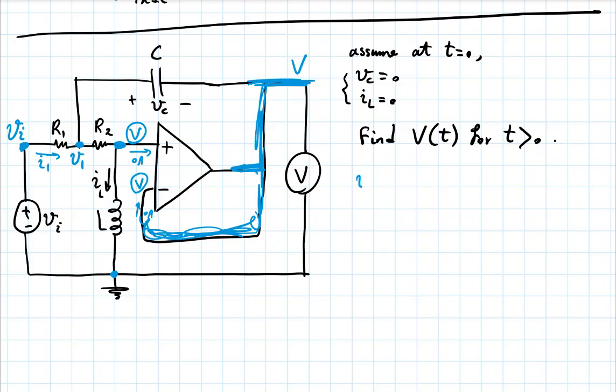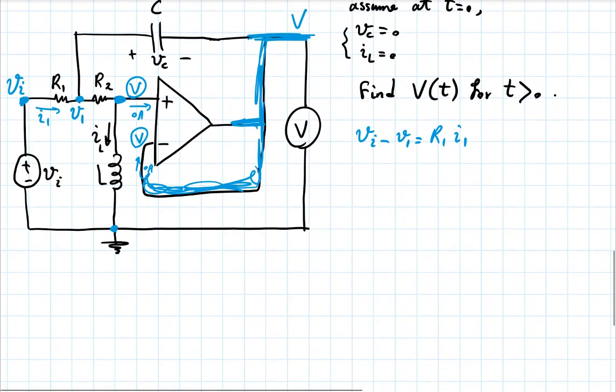I know that Vi minus V1 is simply R1 I1, right? What is this current? It's the same as IL, right? Because there is no current going through the input of the op-amp. So the current going through R2 is the same as IL. So I can also say, for instance, V1 minus V is R2 IL. What can I say for the inductor?